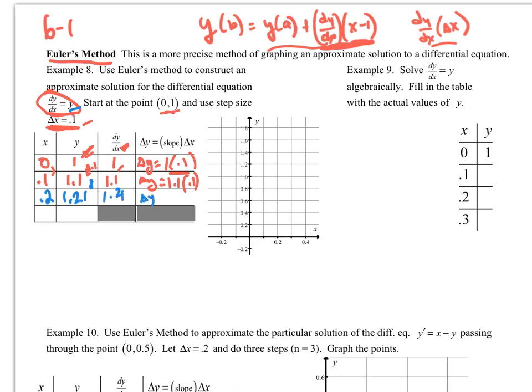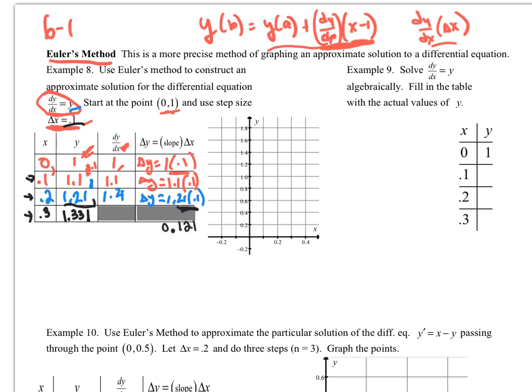So my new delta y is going to be equal to 1.21 times 0.1. What are my x's going up by? Well, they're going up by 0.1. That's what it's telling me. What are my y's going up by? In this case, it's going to go up by this number here, 0.121. So if I add that to the 1.21, I'm going to get 1.331. So these are all estimated points on my curve.